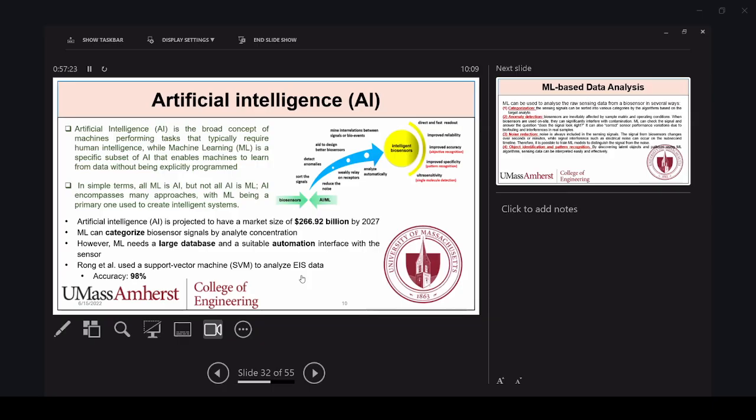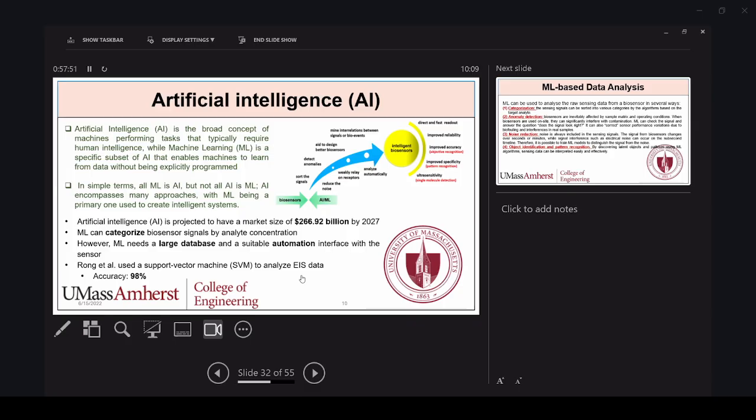Even more specific is deep learning. It's like family generations: great grandfather, grandfather, and father. The big picture, the middle one, and the smaller one. In simple terms, ML is AI, but not all AI is machine learning. That you all know, I guess.